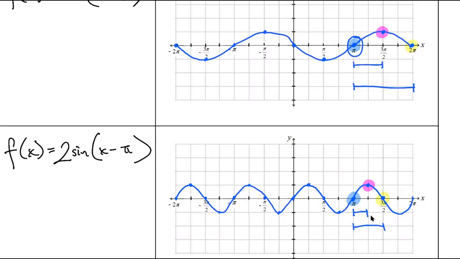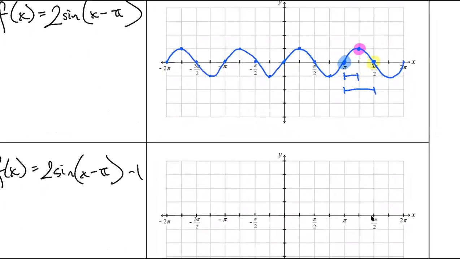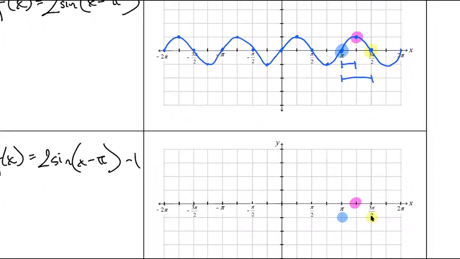All right, we got one more transformation here. We're taking every single point and we're moving it down 1 unit, okay? So the blue point moves down 1 unit. The pink point moves down 1 unit. The yellow point moves down 1 unit. Every point moves down, right? If I wanted to throw in an extra one, this green point will also move down, okay?